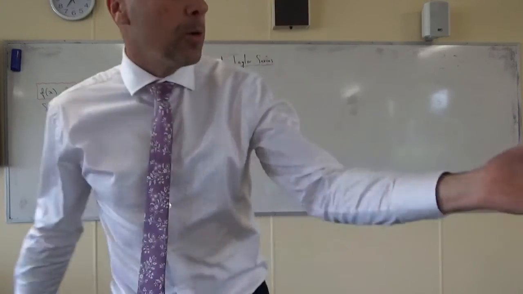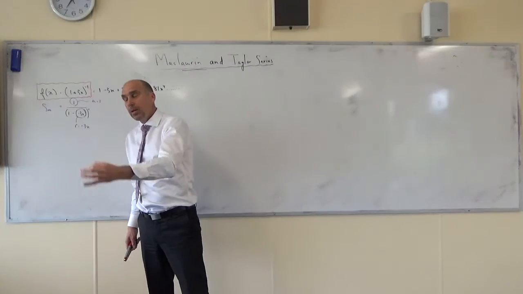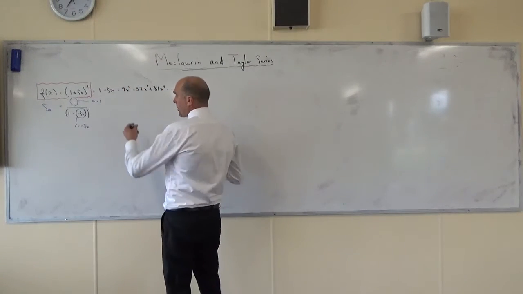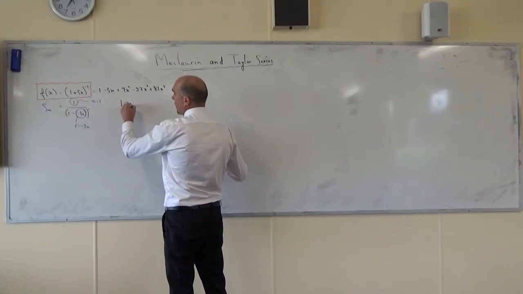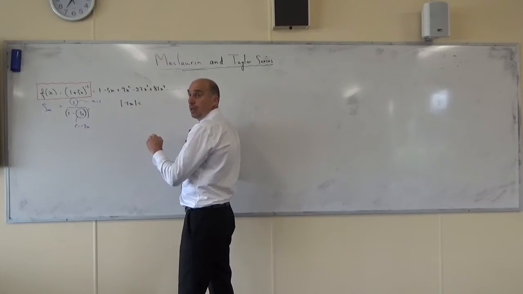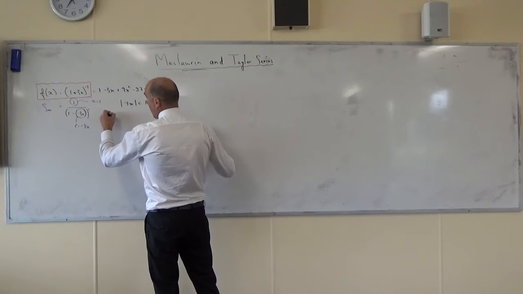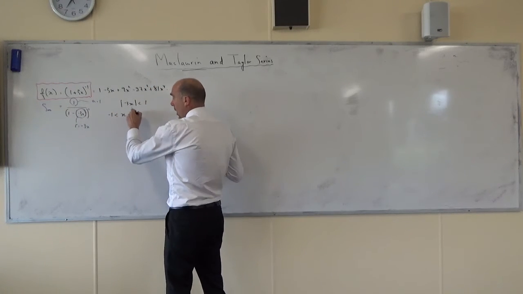Well, we could do that, couldn't we? I mean, we did this last year. This is kind of a common ratio question, isn't it? What's the common ratio? Minus 3x. So we've got the absolute value of minus 3x is less than 1.